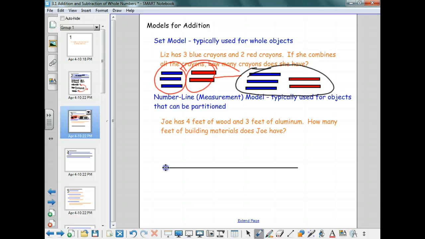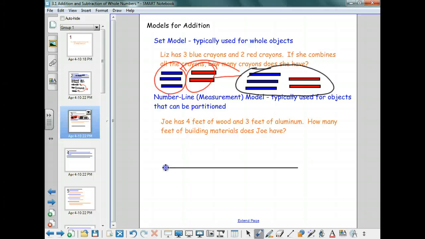Number line models wouldn't make sense for crayons unless you want to talk about the length of the crayons, and that's not typically what we're doing with crayons. It's for things that have measurement length, like feet of wood and feet of aluminum, or a measurement of fabric. We've seen some fabric questions in the problem solving things we did. Things that you would actually measure make sense with a number line or measurement model.